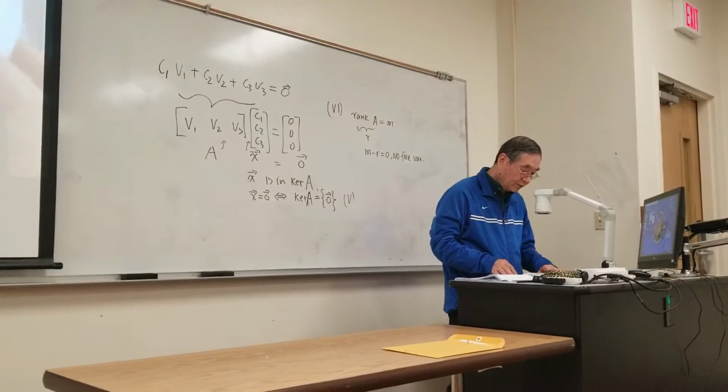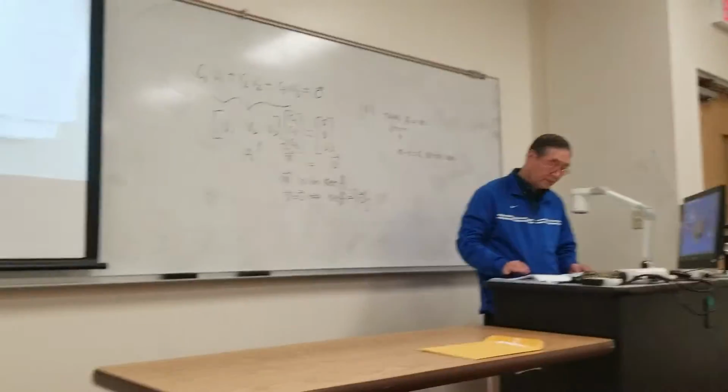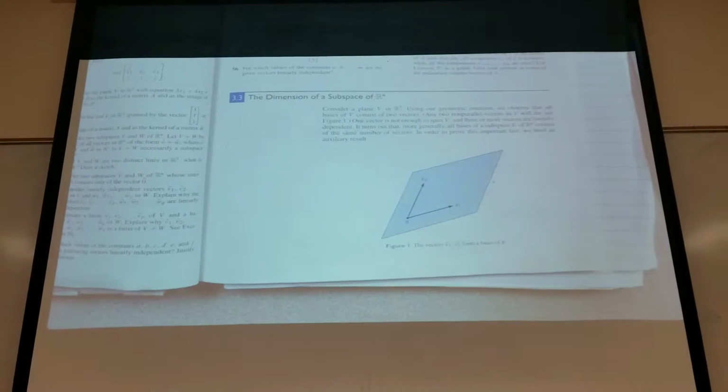Okay, so let's go to 3.3. The title is the dimension of a subspace of Rn. So we go to say R3, R4, R5. We already know the subspaces will be a line through the origin, a plane through the origin in R2 and R3, right? Things like that. And the R3 itself and the zero set.